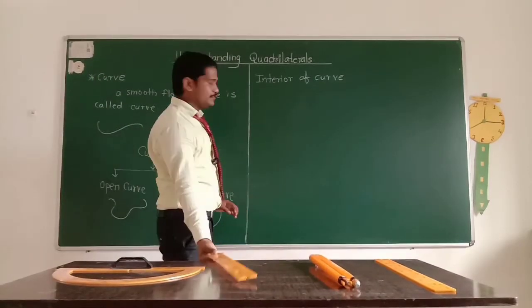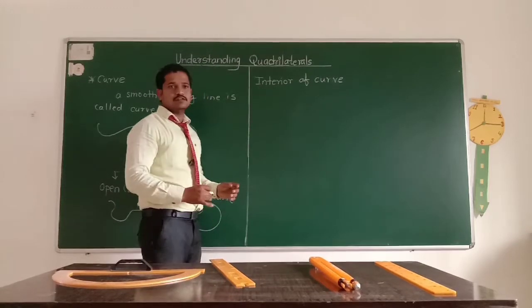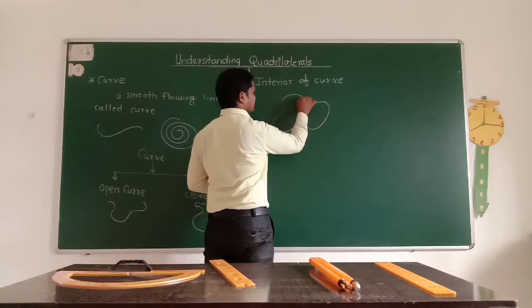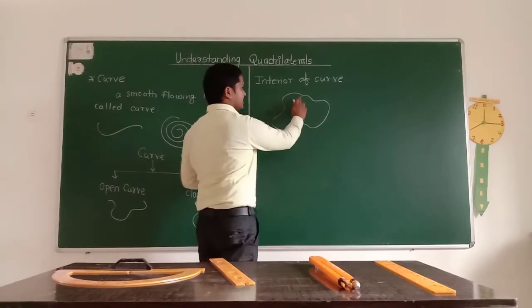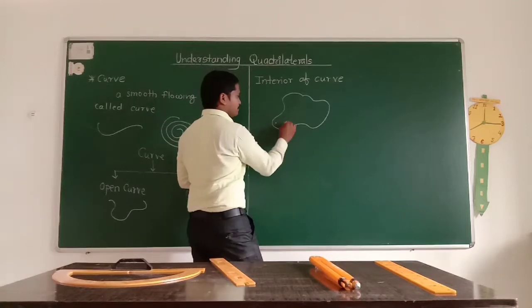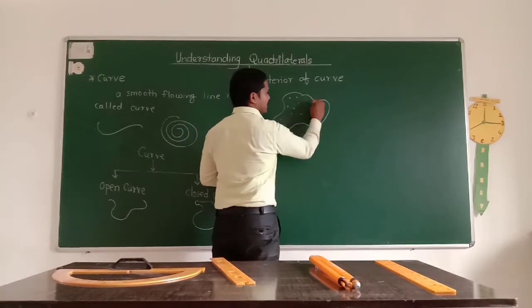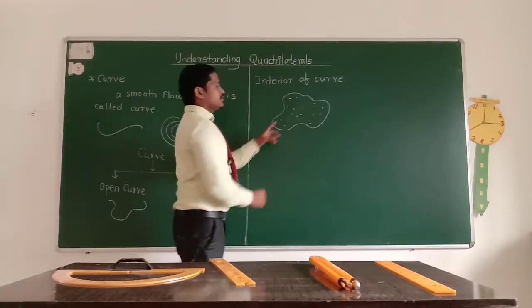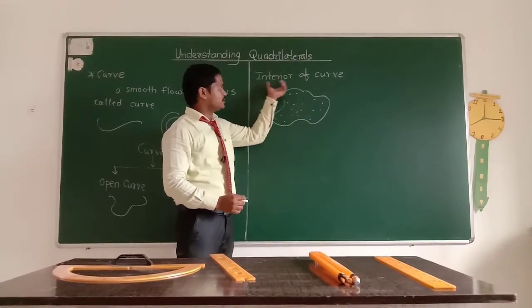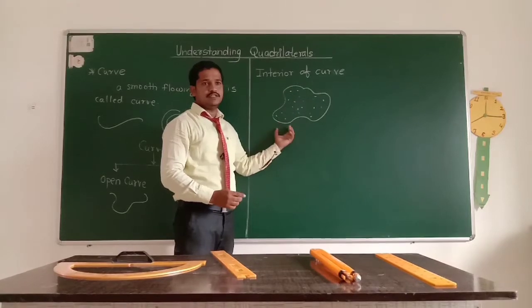The next concept that we have to see is the interior of the curve. Let us take an example of any closed curve. Okay, so see the starting and ending point of this curve is same. So all the set of points which lie within the closed curve are known as interior of the curve.